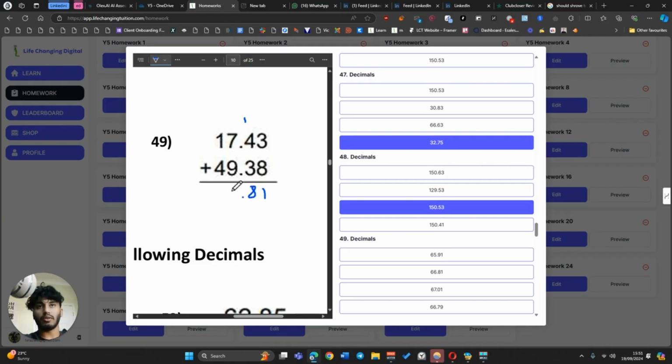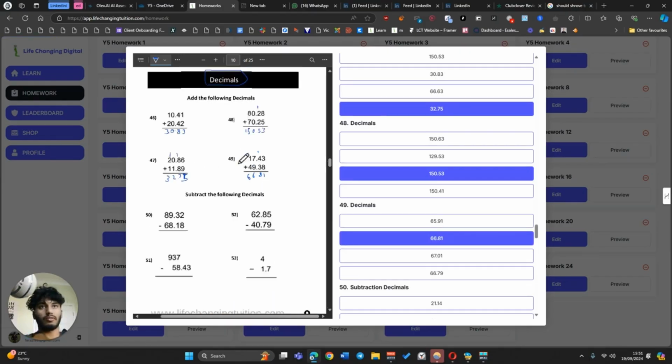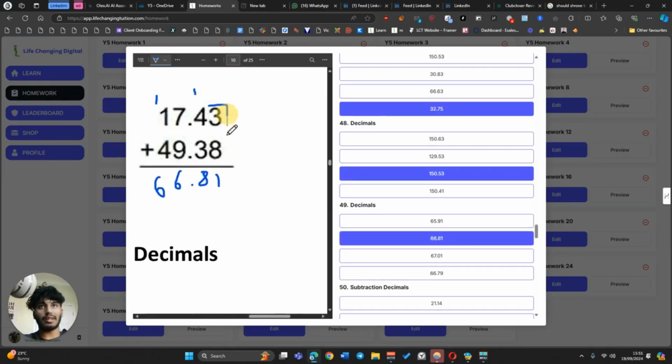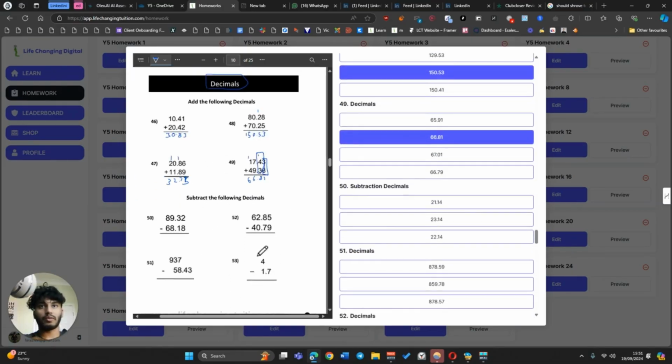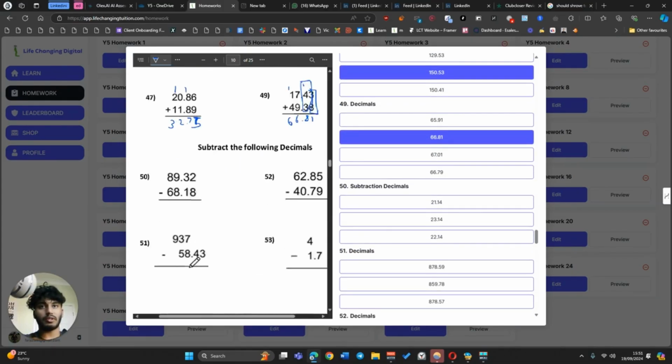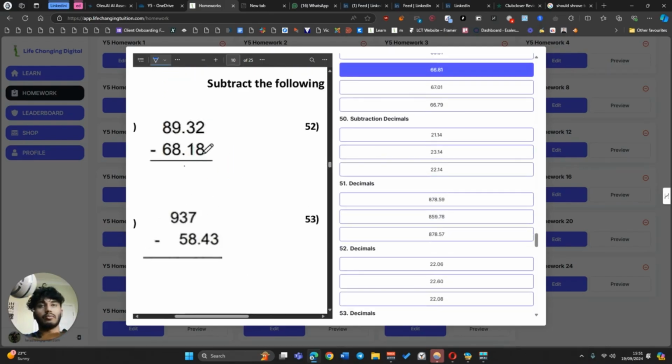This one gives us 16. And then this one gives us 6. Hopefully, if you're stuck on any of these, you're following along, you're just adding the columns here. And if you have to carry one over, you add all of these, so the 4 and the 3 and the 1.